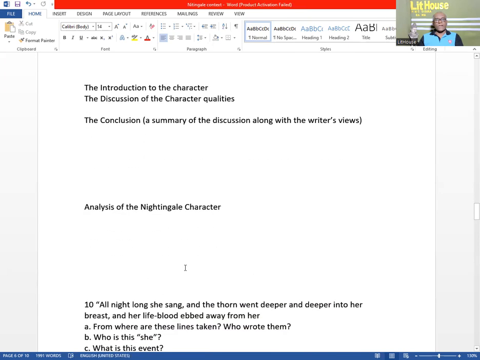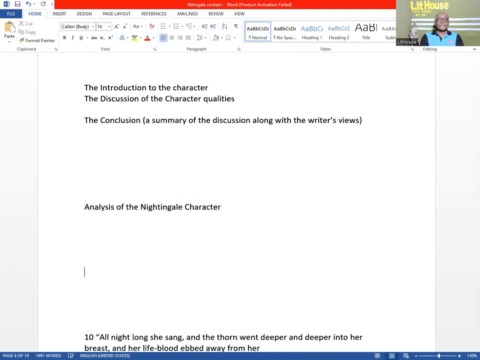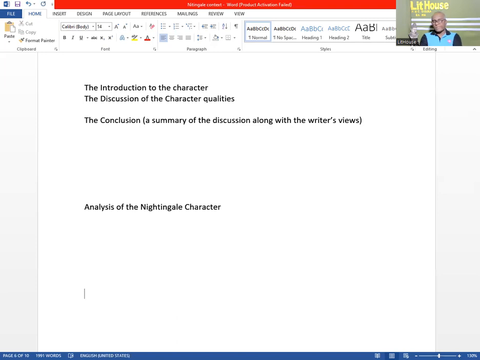And then our next task, analysis of the Nightingale's character. Don't worry about this word. Analysis means you divide the facts and understand.